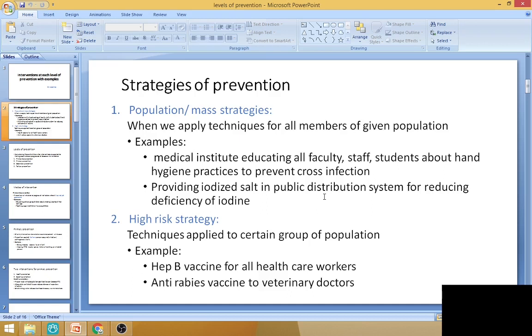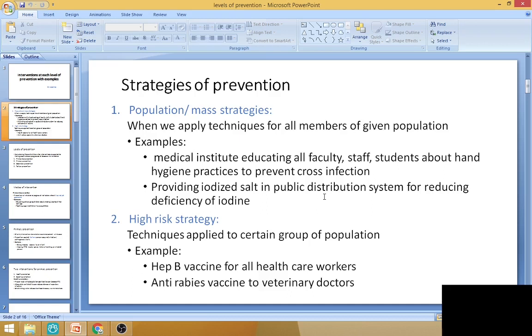And why are we giving iodized salt? In order to reduce the deficiency of iodine. It is irrespective of age, gender, or the community they belong to; iodized salt is provided to all the people of the nation, so to the whole population. This is one example of population strategy.